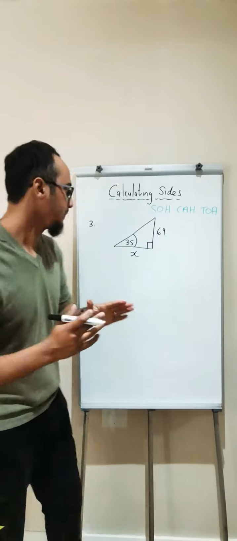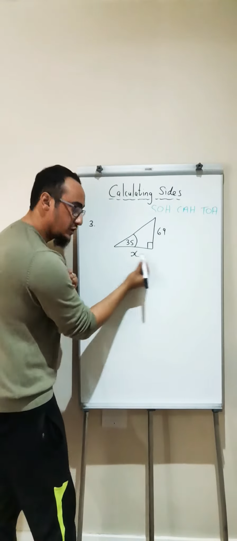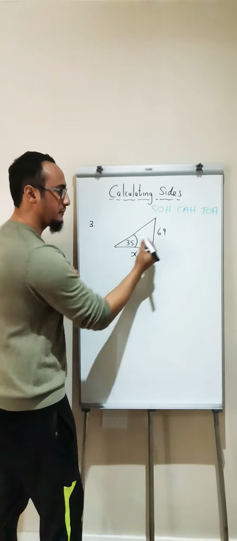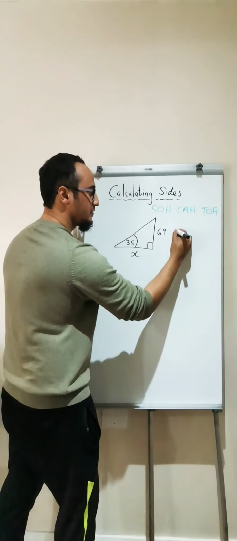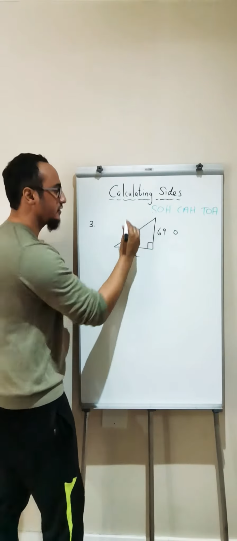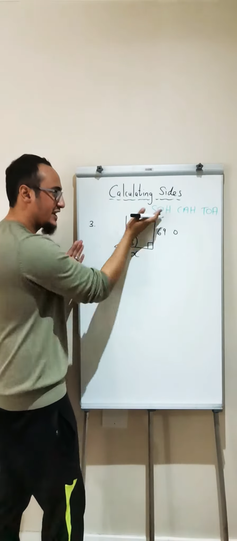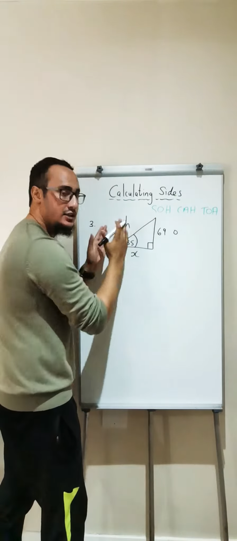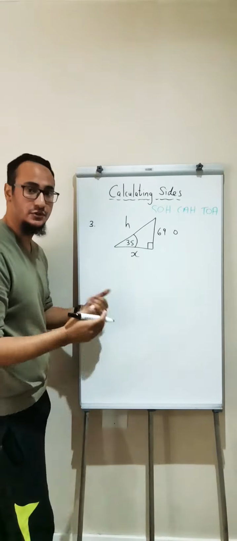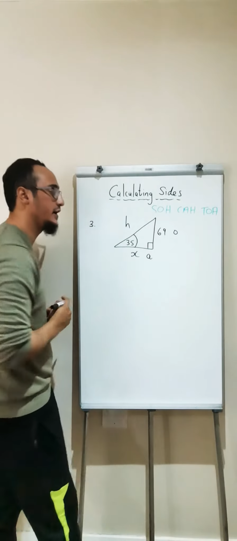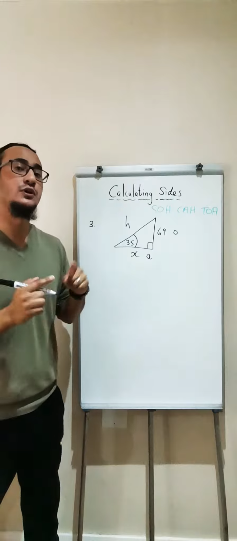Okay, over here I'm looking for x once again. My angle is 35 and my opposite is 69. Opposite my right angle triangle is my hypotenuse, and because I have no dimension, I'm not going to use any trigonometric ratio that has hypotenuse in it. And obviously by process of elimination, this will be A because of adjacent. So what do I have?